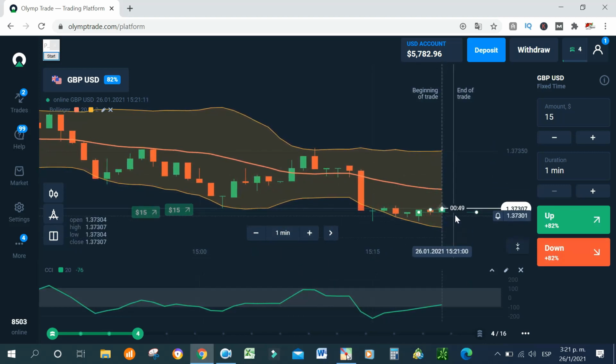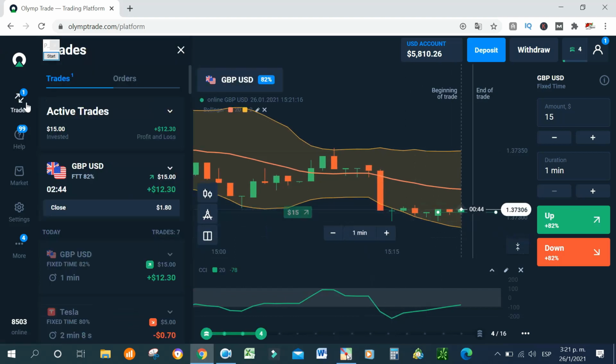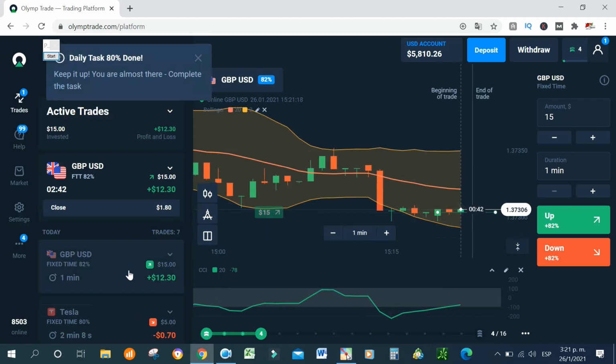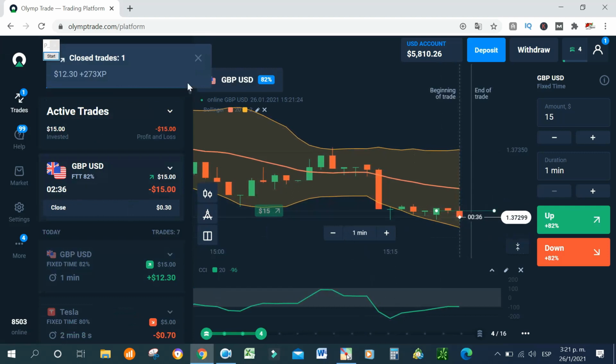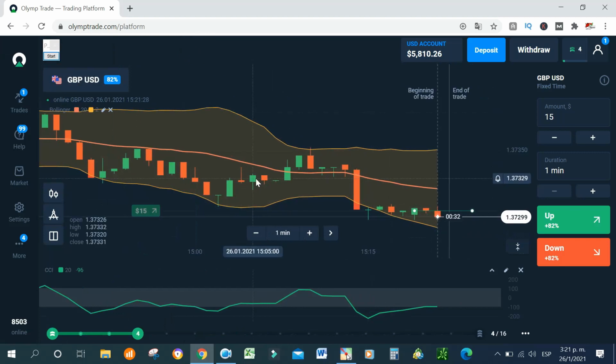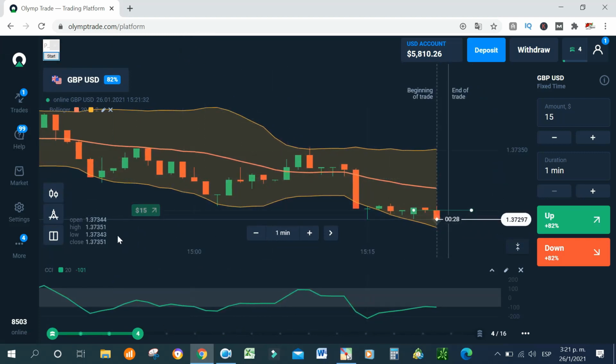All right, let's see if we can win this one. Oh yes, here we are. We won this one, and we have 2 minutes and a half left for the 5-minute expiration, but it's not working very well because this trading strategy, as I told you, is for 1 minute expiration.